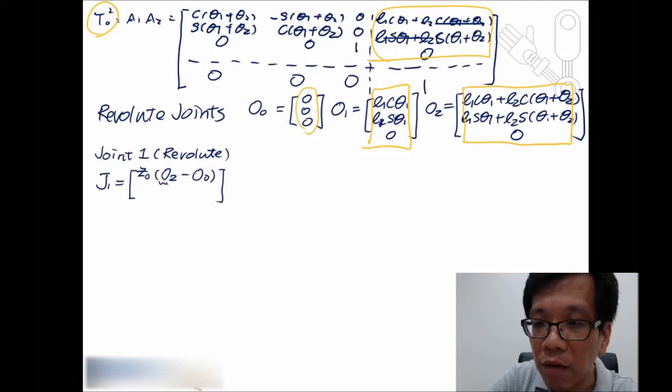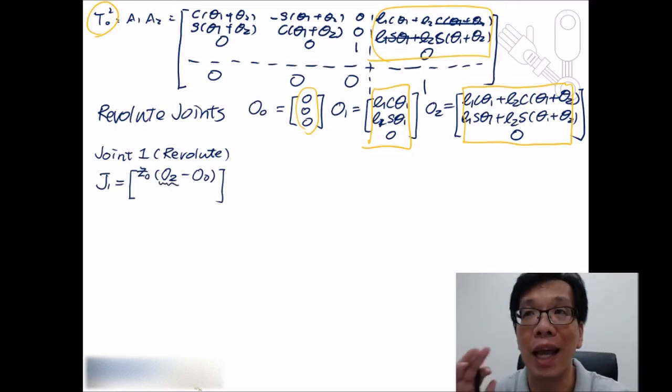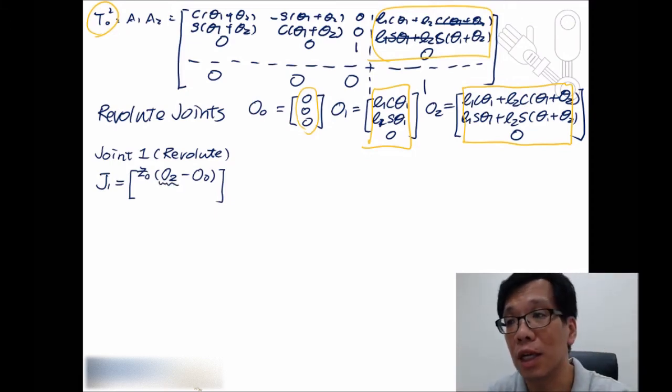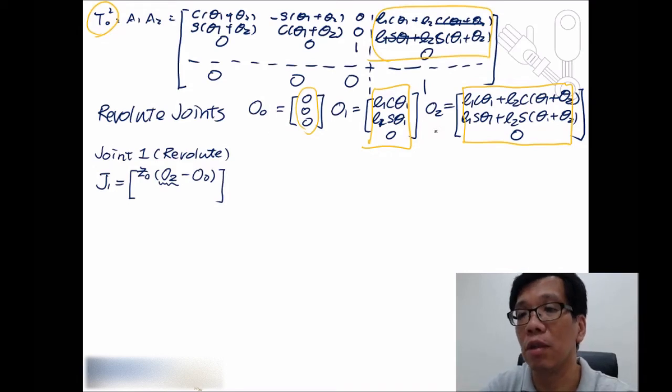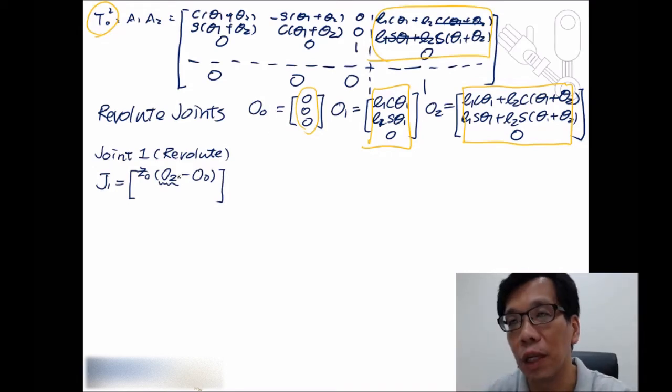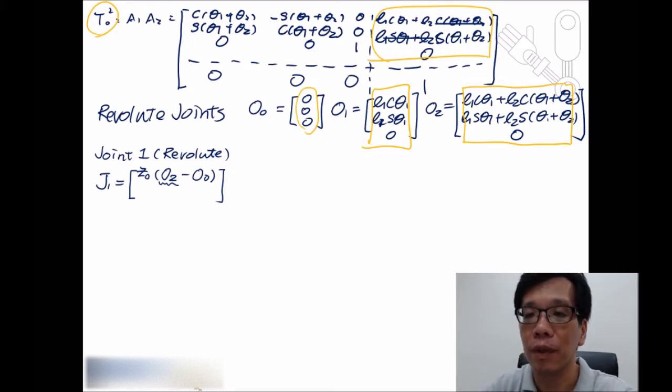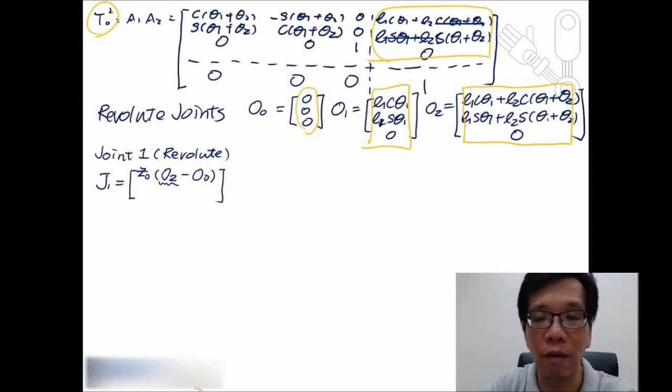You need to be careful about this one. It's always the end one, okay? So in this case, we have 0, 1, and 2. This one is always O2. If you have more links, this one is always at the end, the end position. And we are dealing with J1, so this is going to be 1 minus 1. So it's going to be O0. That is something we're going to have over here.